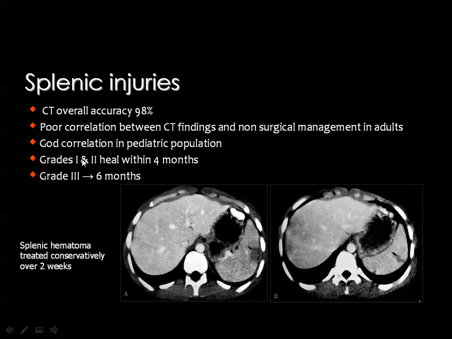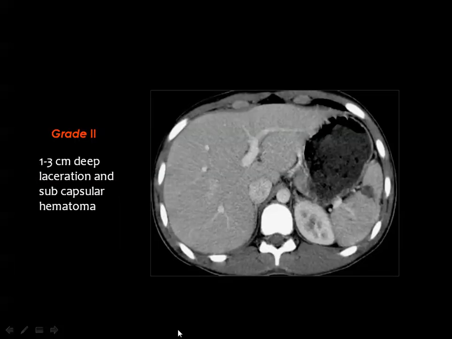Then grade 1 and grade 2 splenic injuries are expected to heal within 4 months, and grade 3 will heal in about 6 months, and of course grade 4 is an indication for splenectomy. And this is a grade 2 splenic laceration where the laceration is relatively deep.